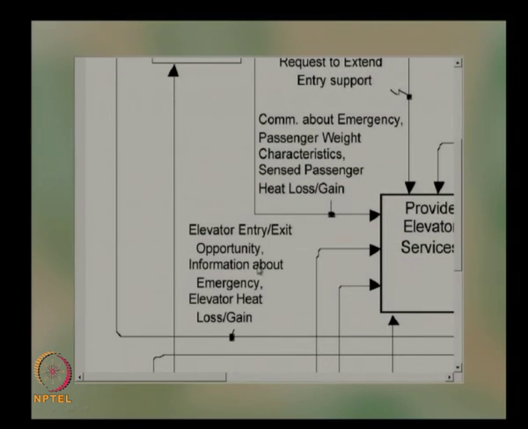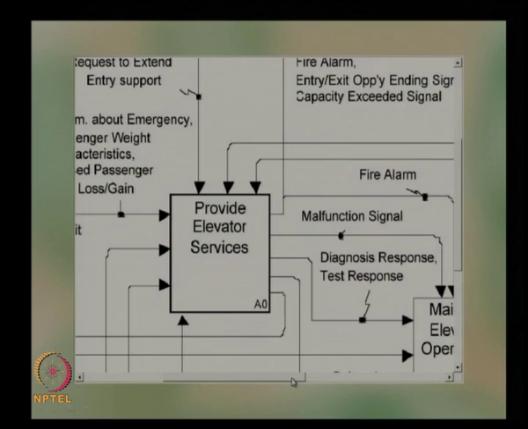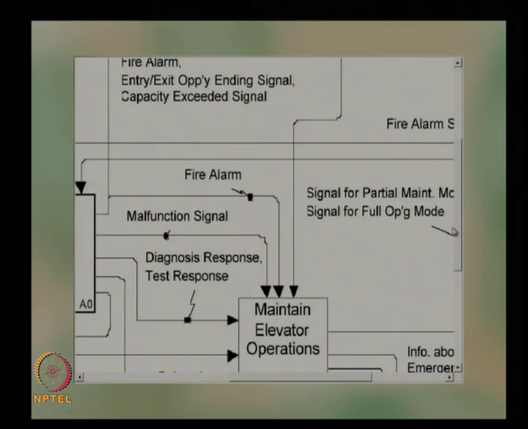Then again here, the entry exit opportunity, information about emergency, and elevator heat loss gain are given as feedback from the elevator back to this system. So there is two-way communication: there is input as well as output from the elevator system. Similarly, you can see that there are different kinds of input and output for each subsystem.